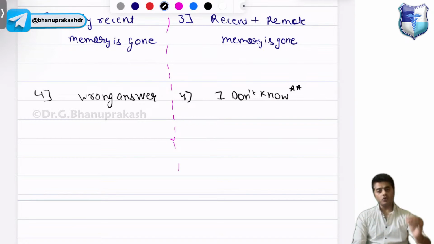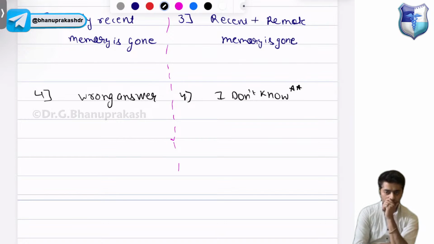That's the most important thing. Suppose there is one patient of dementia and one patient of depression, and you ask them, tell me what you ate in your breakfast. The dementia patient will tell you something wrong. Suppose he ate chapati, he will say he ate bread. But the patient of depression will tell you, "I don't know."